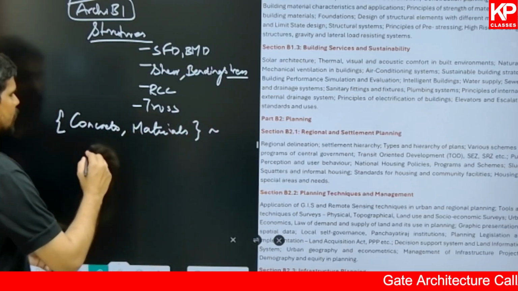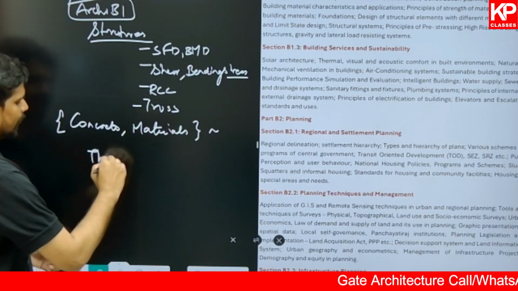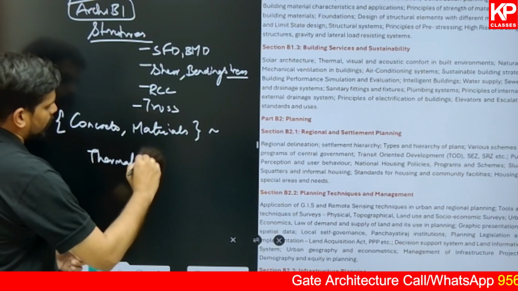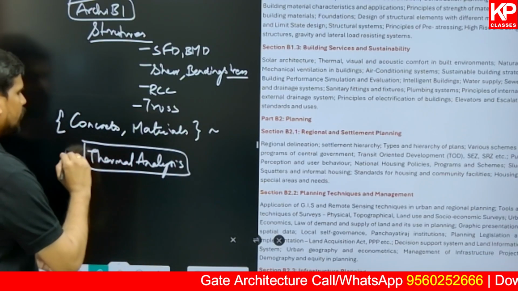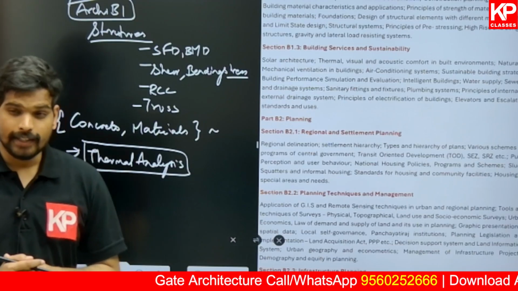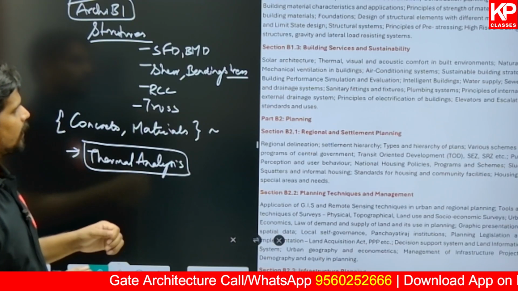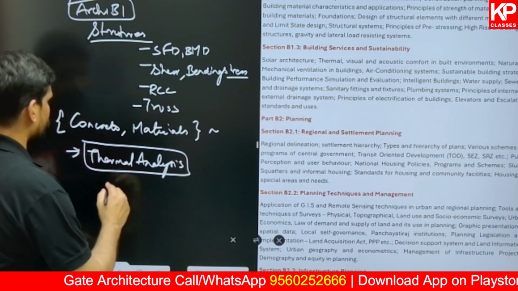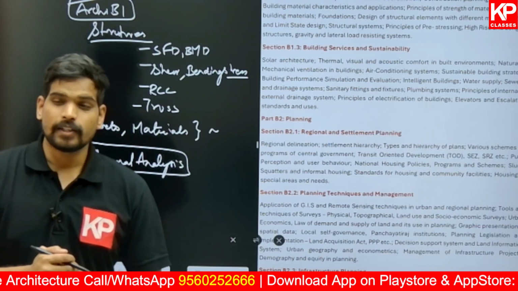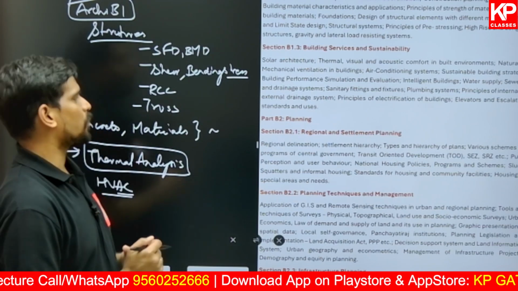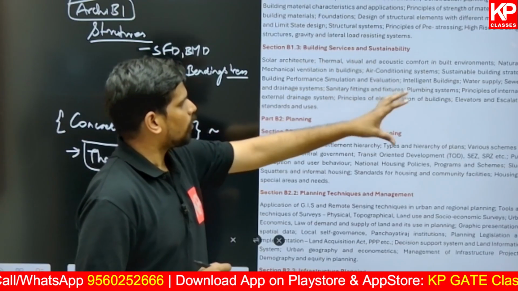You have numericals related to climatology, or basically thermal analysis, wherein you have calculations related to heat gain. You also have calculations related to air conditioning systems, that is HVAC, calculation of cooling load of a room, calculation of energy efficiency ratio, or the power consumption of air conditioners. So that's an important numerical area.